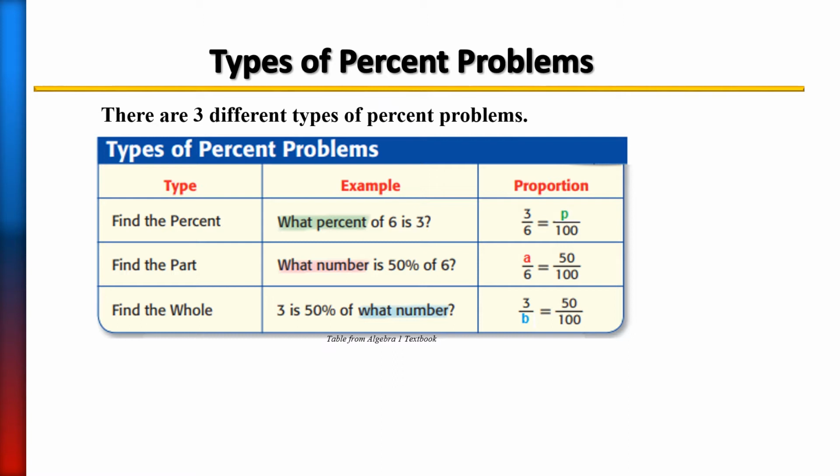So this is a table that came from your Algebra 1 textbook. Again, just so that you know, there are three basic types of percent problems that you're going to be dealing with. So let's see what they entail.